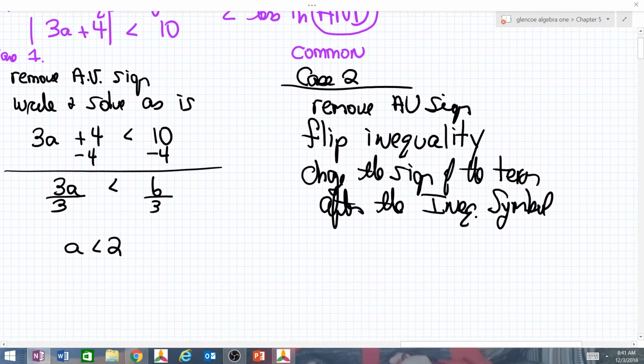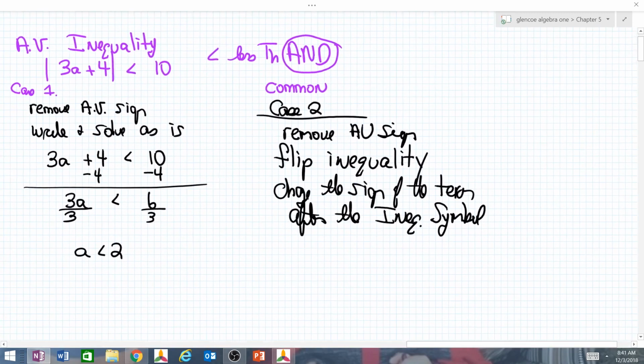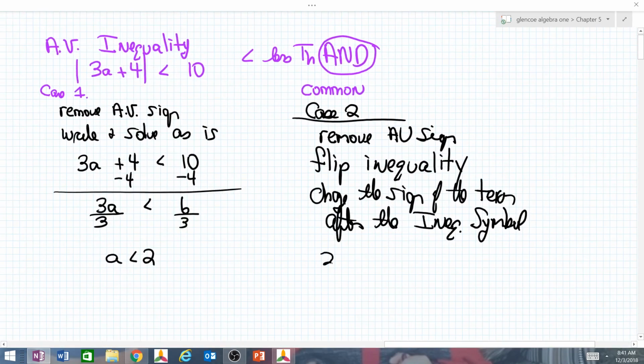So here we go. Instead of it being 3a plus 4 is less than 10, it is going to be 3a plus 4, change the inequality. So instead of less than, it's what, guys? Greater than, and instead of 10, it becomes -10. Outstanding job.